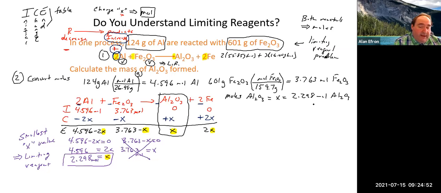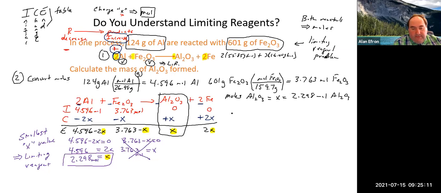But we're interested in grams, so we do need the molar mass of aluminum oxide. So aluminum is 26.98, and there are 2 of them, plus 3 times 16 for the oxygen gives us 101, we'll call it 102 grams.